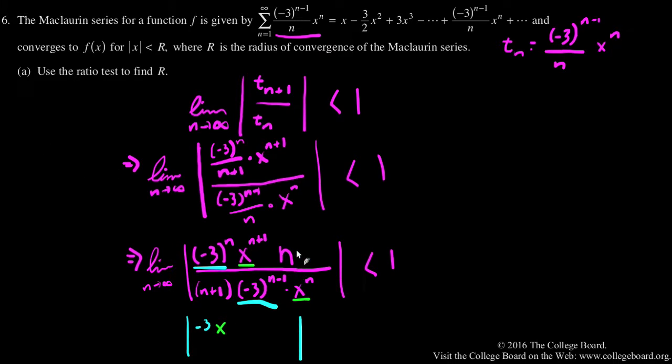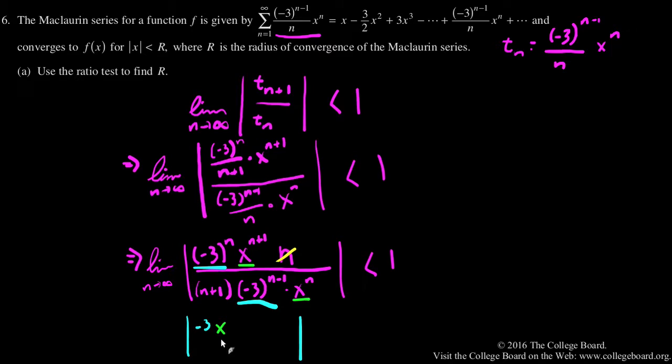We have n over n plus 1. As n is approaching infinity, that approaches 1. If n is 1,000, it's 1,000 divided by 1,001, which is close to 1. If n is 1,000,000, it's even closer to 1. So as n approaches infinity, n over n plus 1 approaches 1.